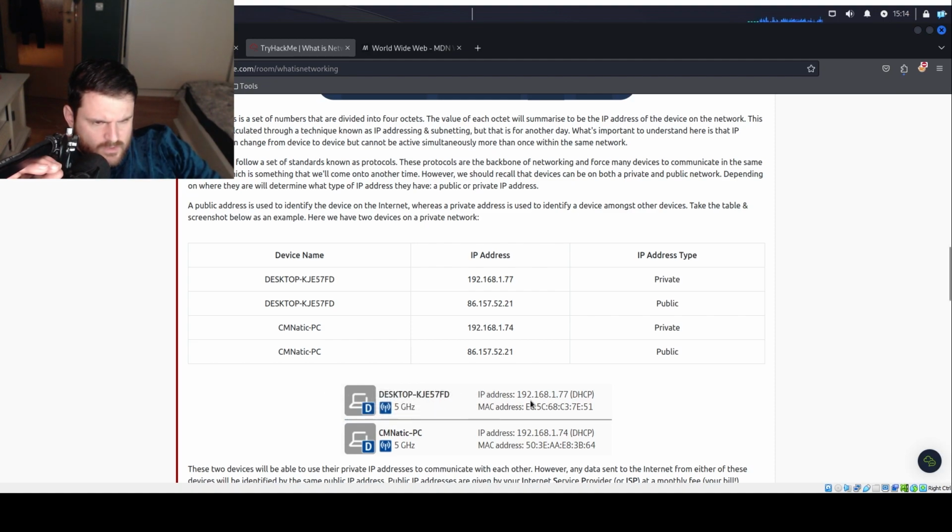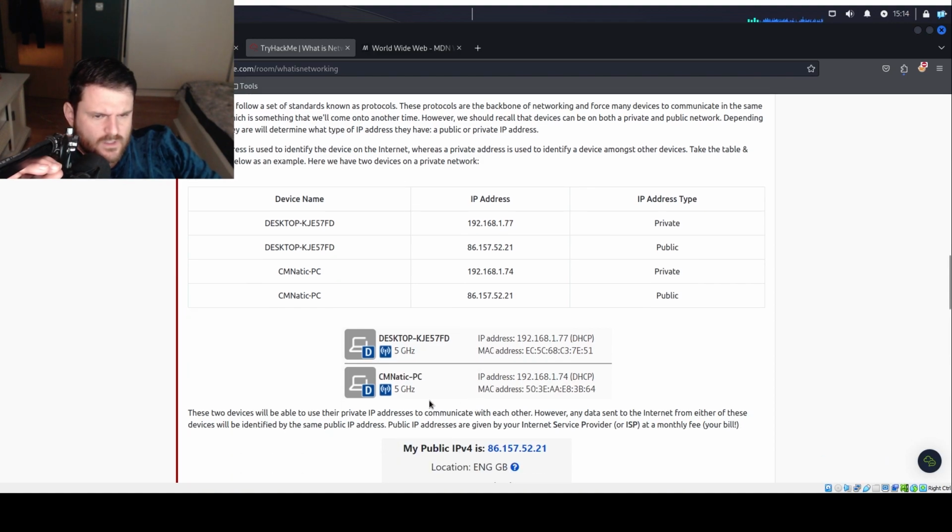The first example we have right here shows the IP and the MAC address. It's a wireless 5 gigs. Same in here.